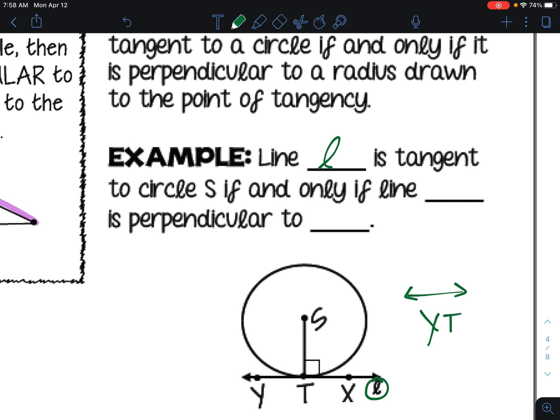It's tangent to circle L if and only if line L is perpendicular to the radius, which is ST. So if they give us tangent, we have a right triangle. Now we can use our right triangle math, Pythagorean theorem, and trig to our benefit.